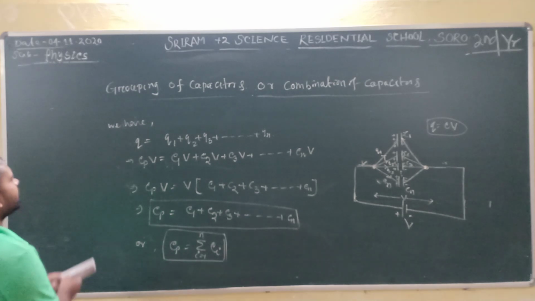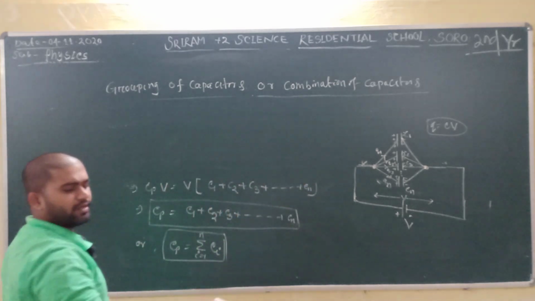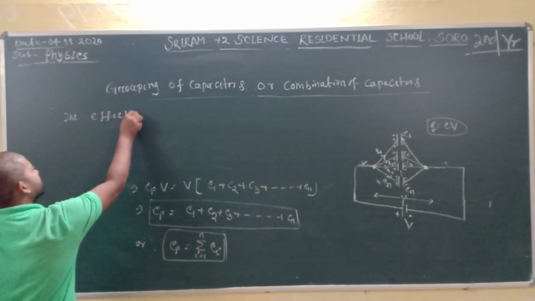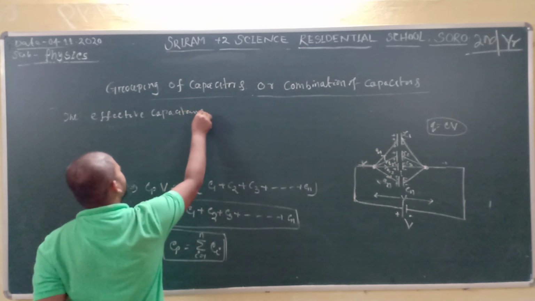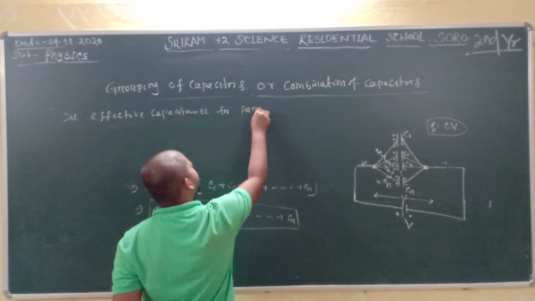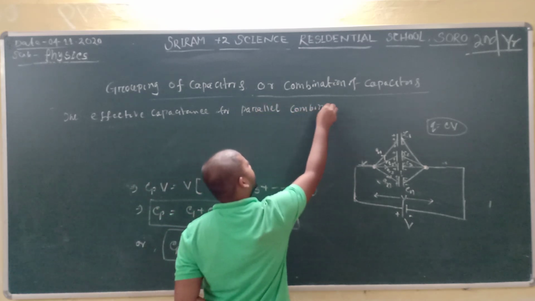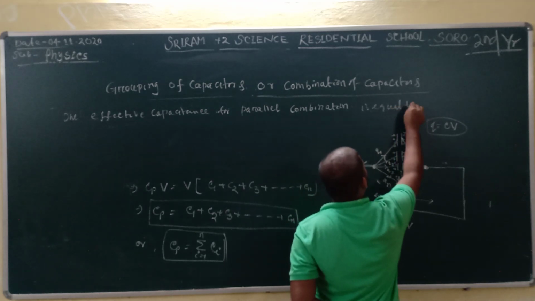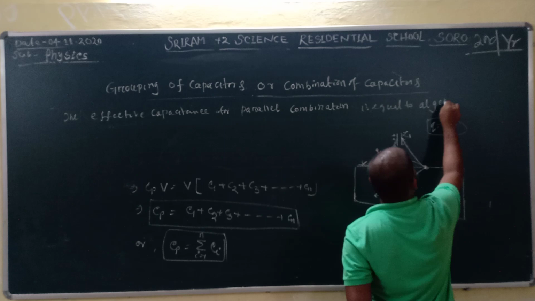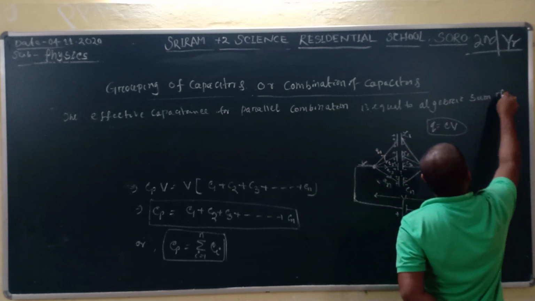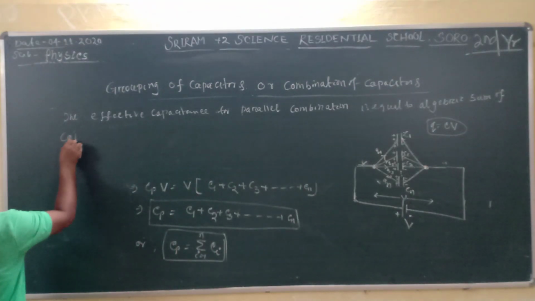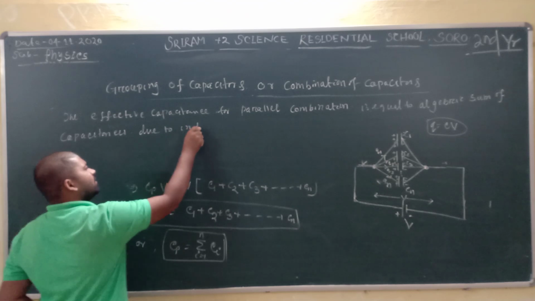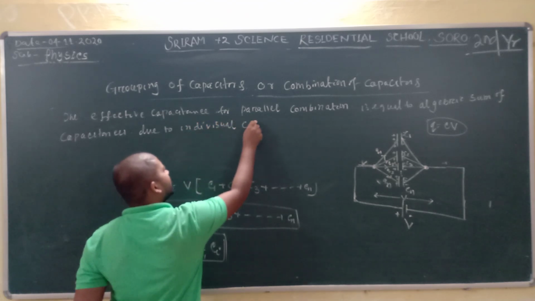That's why the law of parallel combination says the effective capacitance for parallel combination is equal to the algebraic sum of capacitances due to individual capacitors.